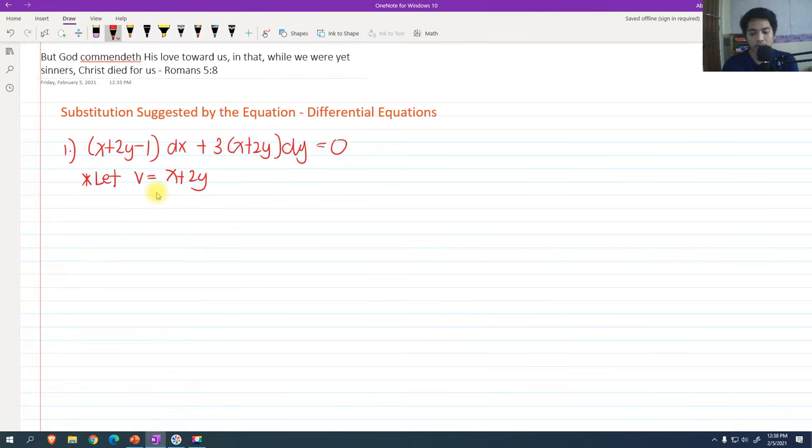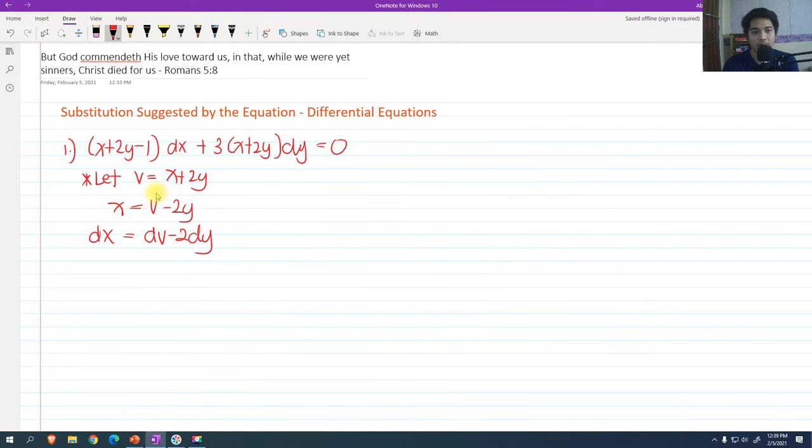So we are going to isolate x here. We have x equals v minus 2y, and then we differentiate both sides. So we have dx equals dv minus 2 dy.